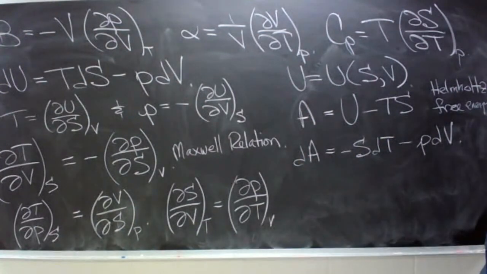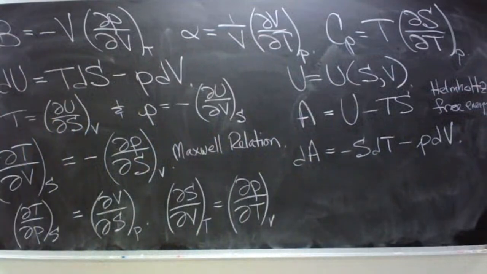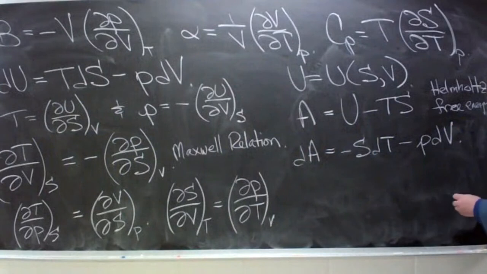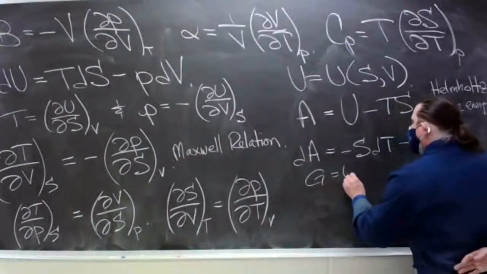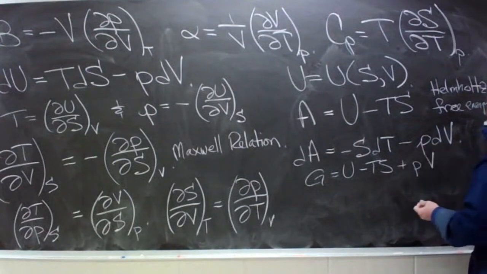All right? And then we've got our last thermodynamic potential, which is where we switch both of them. This is called the Gibbs free energy.